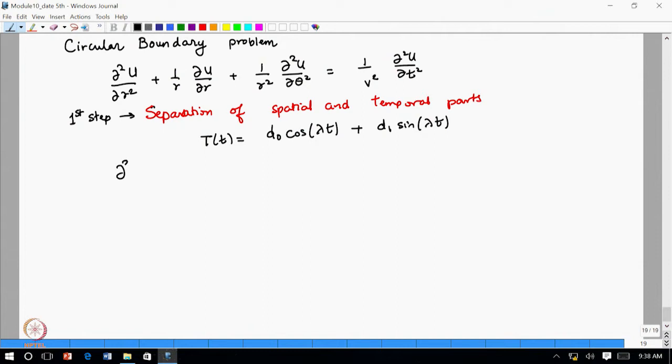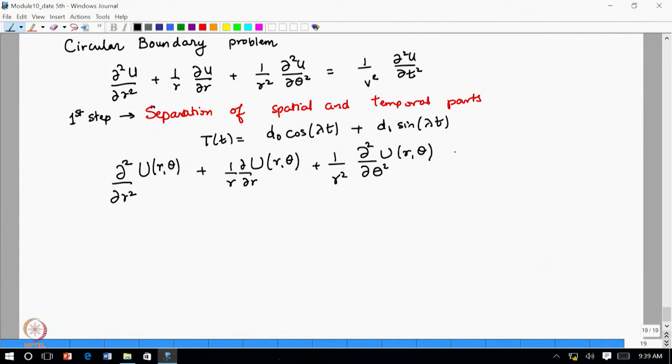So, that will be d square by d r square of capital U of r theta plus 1 by r dou by dou r of capital U of r theta plus 1 by r square dou square by dou theta square of capital U of r theta. This is equal to minus lambda square U of r theta.